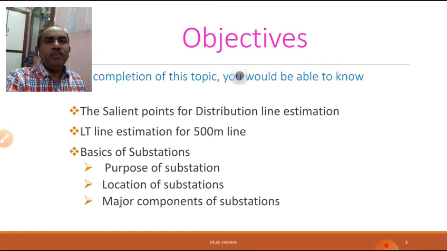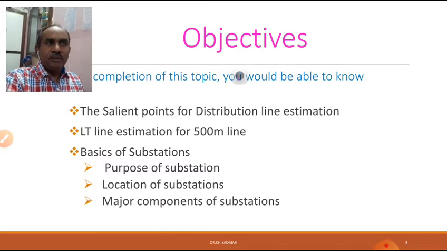What are the major components, and what is the purpose of each component in being able to give a quality supply to the consumer?